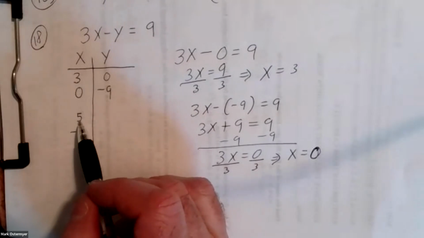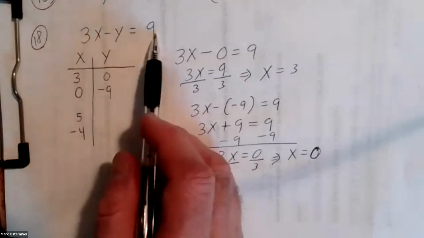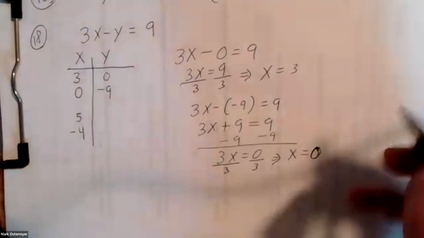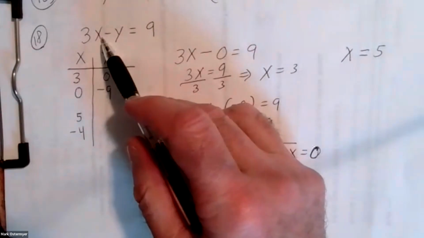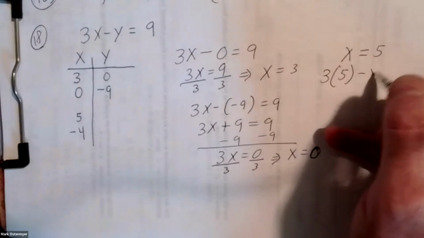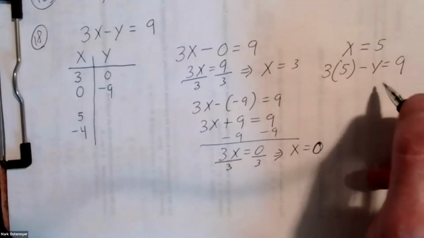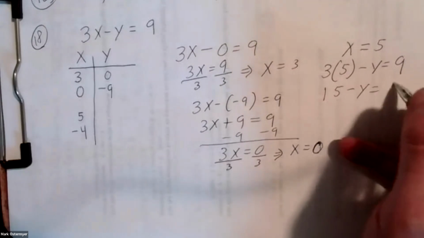When x is now equal to 5, we have to find the missing y coordinate if it's to be a solution to this linear equation. So we set x equal to 5, substitute 5 into our linear equation for x, in which case we'll have 3 times 5 minus y equals 9. Now we just have to solve for y. This is going to be 15 minus y is equal to 9.